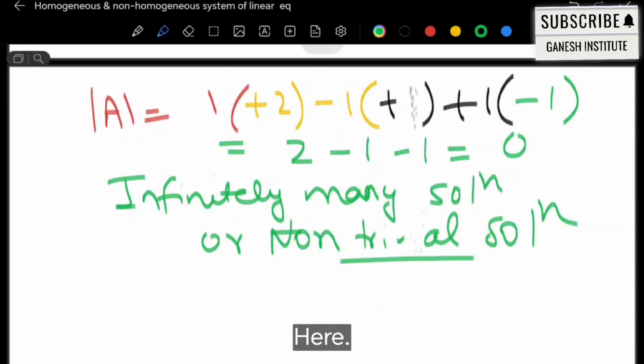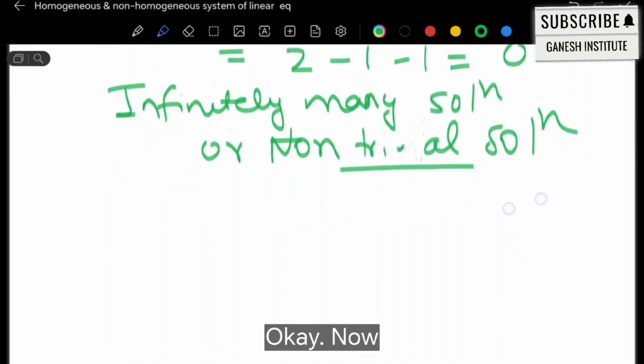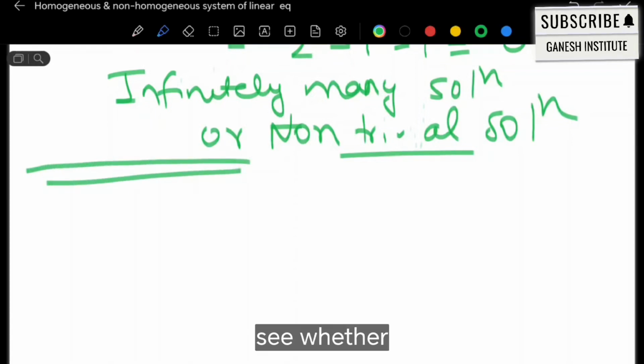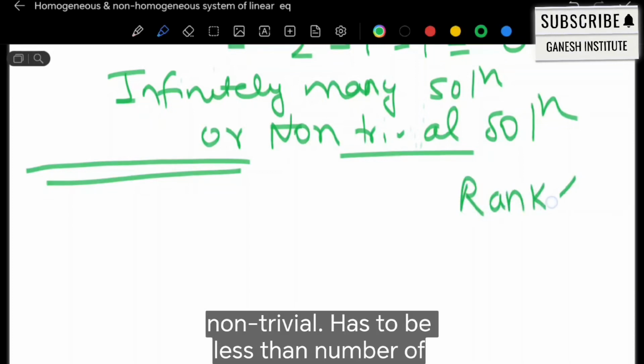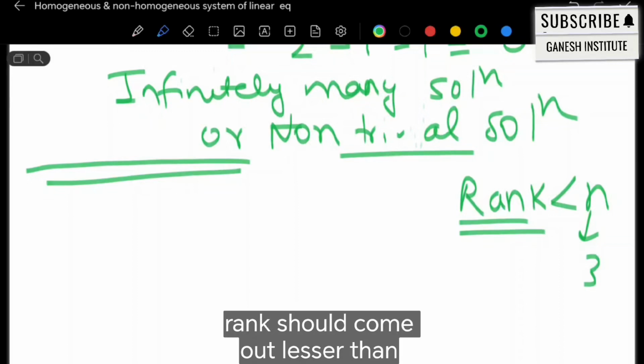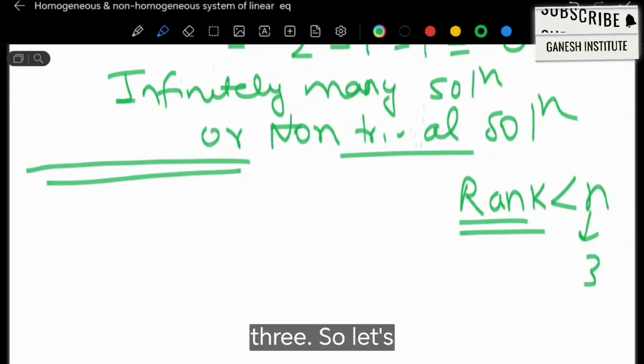Now if we apply the rank of the matrix concept and see whether rank is, because for non-trivial it has to be less than the number of variables. We have 3 variables, rank should come out lesser than 3. So let's find out the rank.